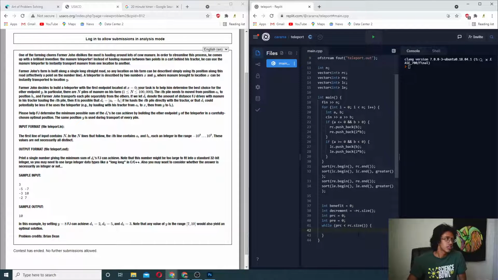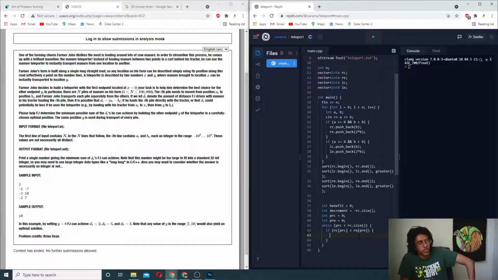Okay, so what do we do? If RC[PRC] is less than RE[PRE], then we actually look at it, right? And we look at the RC[PRC], and we find how much gets decremented to our benefit when we reach there.